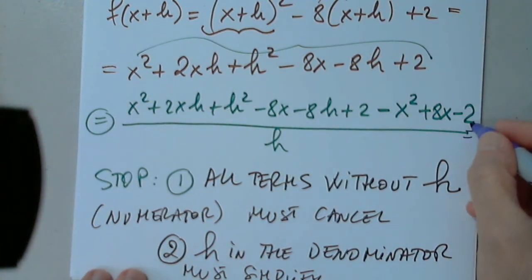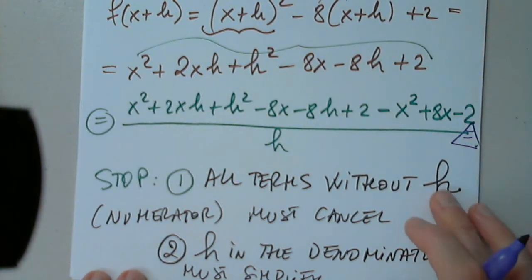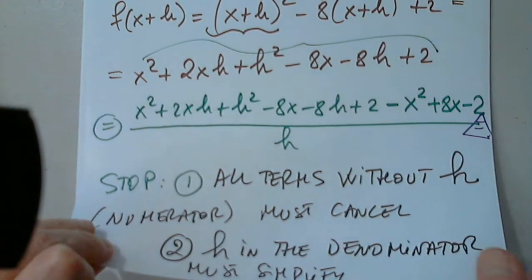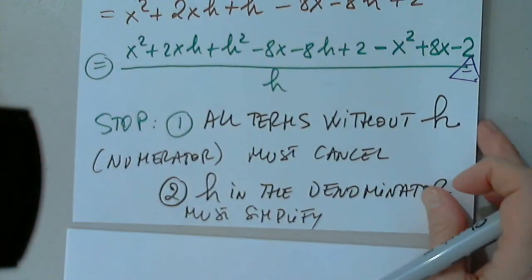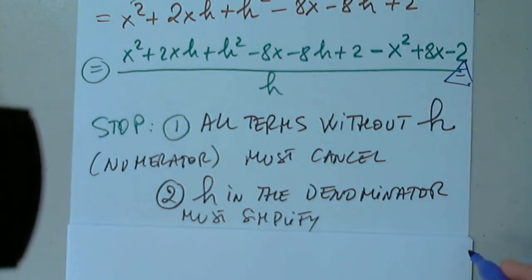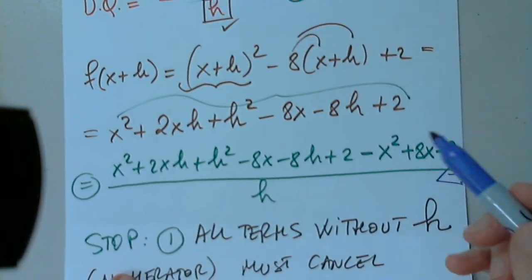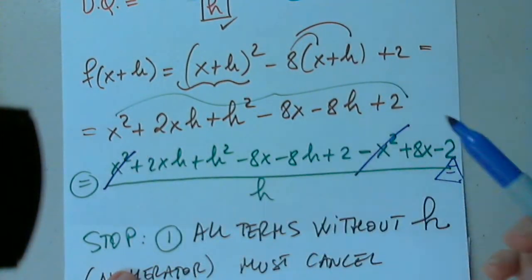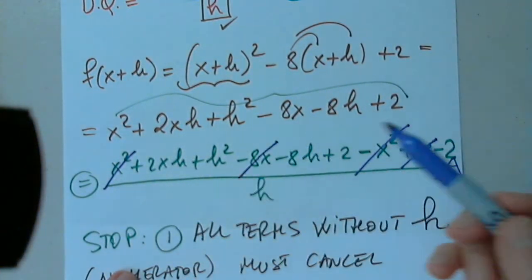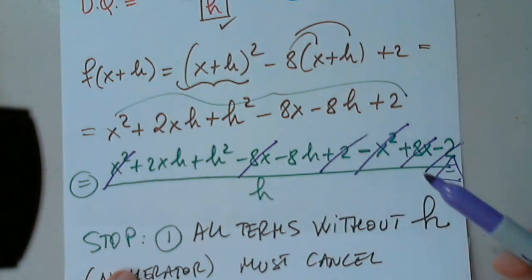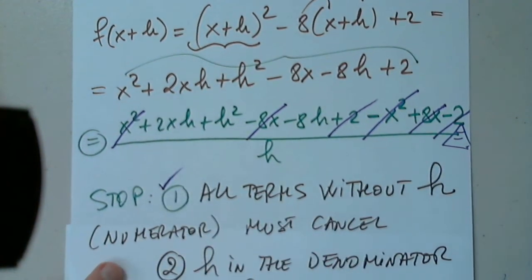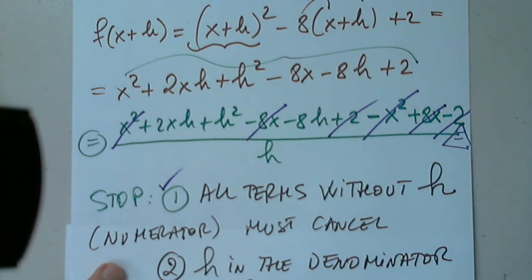Okay, so now the equal symbol has a triangle. Look for the triangle next. Okay, so luckily, goodbye, goodbye, and goodbye. So my first step is fulfilled. I'm happy.